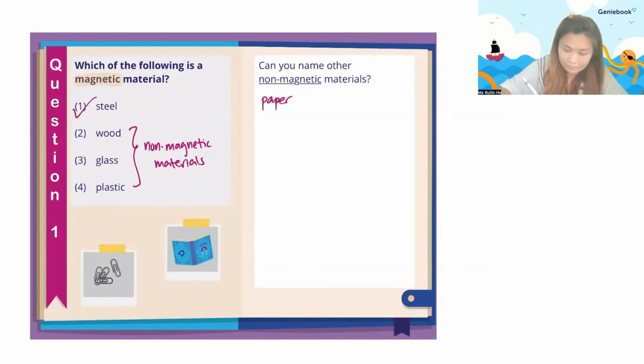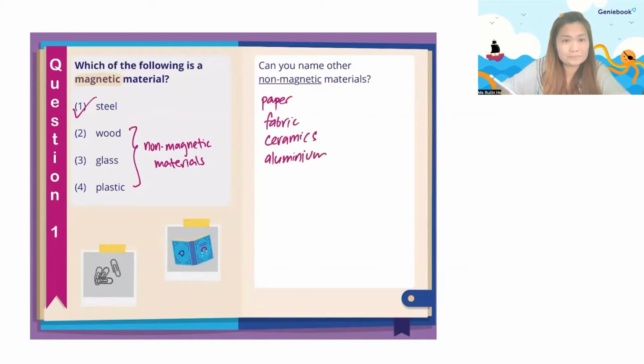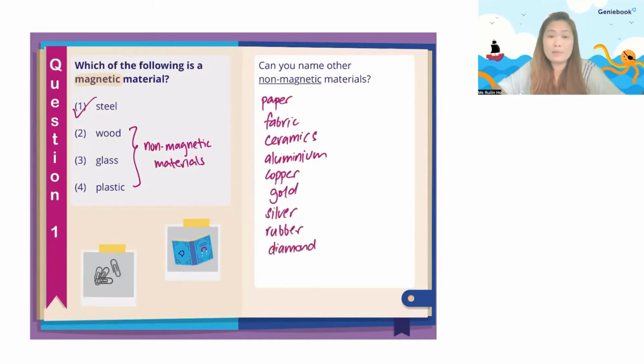Paper, fabric, ceramics, aluminium, copper, gold, silver, rubber, diamond. Yes, so many materials, right? There are so many things that are actually non-magnetic material.